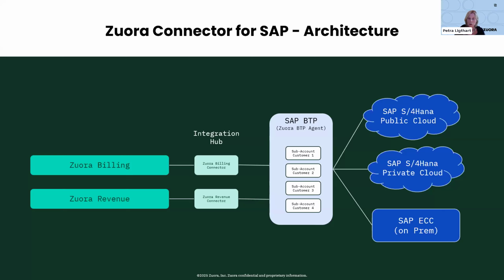This is also the area that is certified, as I just mentioned. And every customer running our connector will get a sub-account on our BTP agent. The SAP BTP agent is licensed by Zuora, so we have full control over the code, our releases, and our code base.